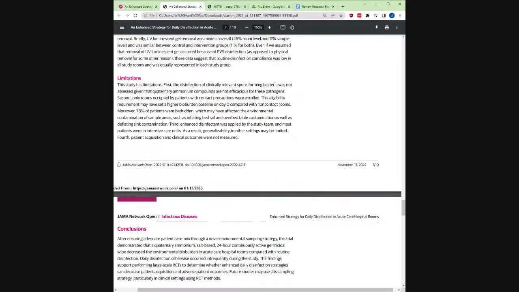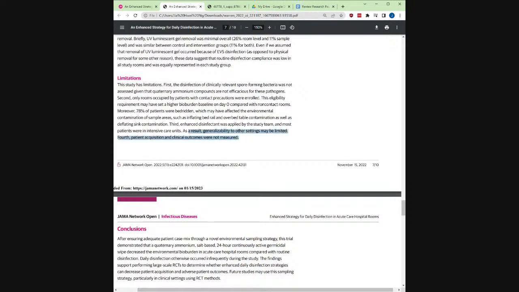So that means maybe other ICU, regular patients, who don't require contact precaution, may not be effective. And then next is floor patients, it may not be effective, right? So that means the results only apply to that small subset of patients. And in the future, if we want to do trials, we may have to do a trial on different settings to test it out.